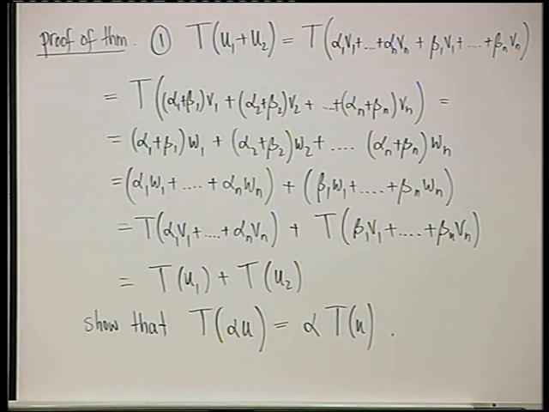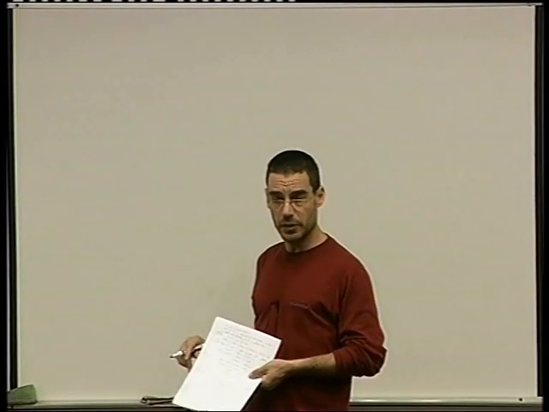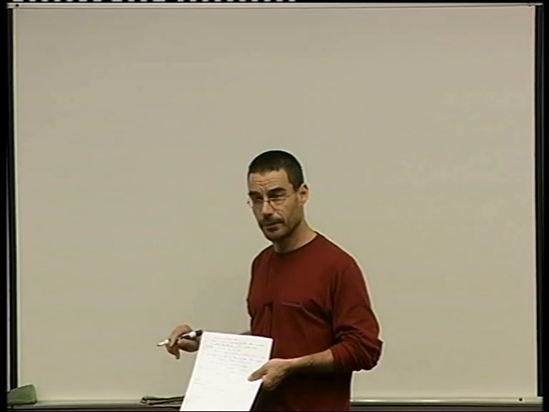U1 and u2 were any general elements in the domain space V. Each element in the domain space is a linear combination of the basis elements of the domain space. So u1 was some linear combination. I called it alpha 1 v1 through alpha n vn, and likewise for u2, beta 1 v1 plus.